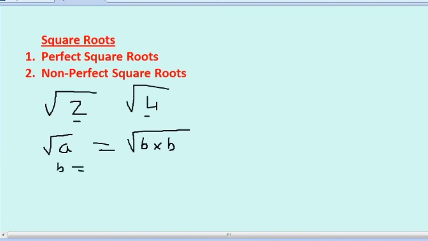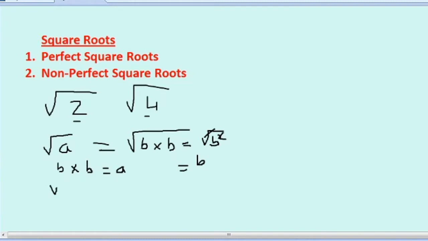Then when we take out the number, we write the answer as root b square, because b into b is b square. So we cancel the square and the root, and our answer will be b. Okay, let's take an example.